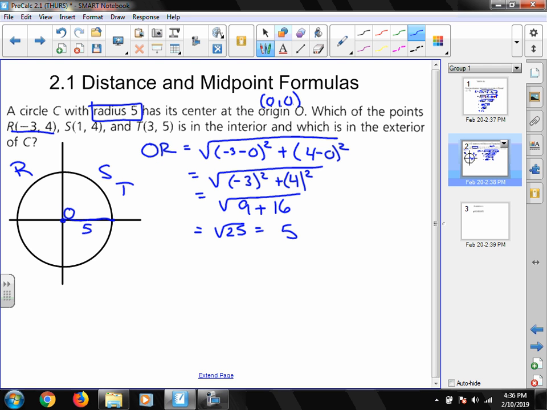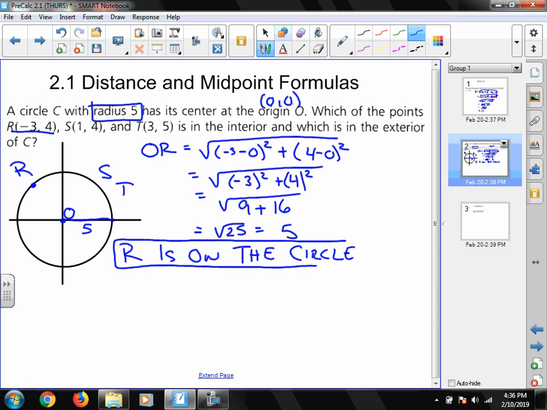Okay? So, since that has a distance of 5, that means R is sitting right here on our circle. So I'm going to actually write R is on the circle. Okay? And this is what I'm looking for as an answer on these.